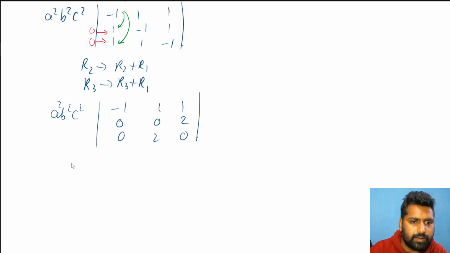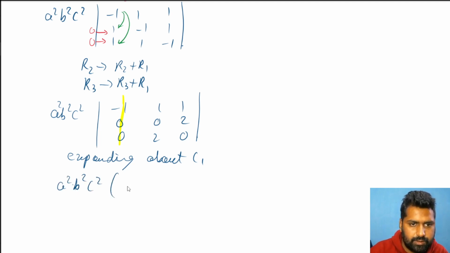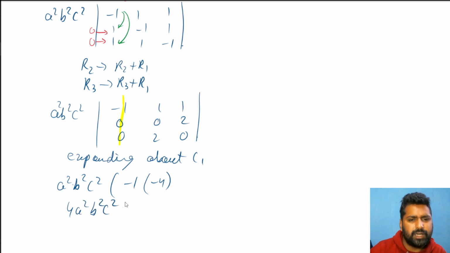Now it's better to expand about C1, positive, negative, positive. So a square, b square, c square, minus 1 into the determinant of this, 0 minus 4, so minus 4. The rest are 0 so we don't have to expand. So basically it becomes 4a square b square c square. So properties with the variables, properties with the numbers also we have applied here. That's your answer.